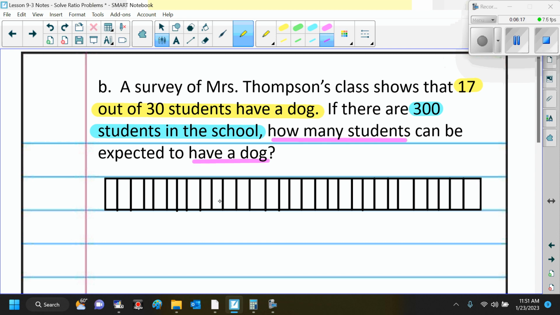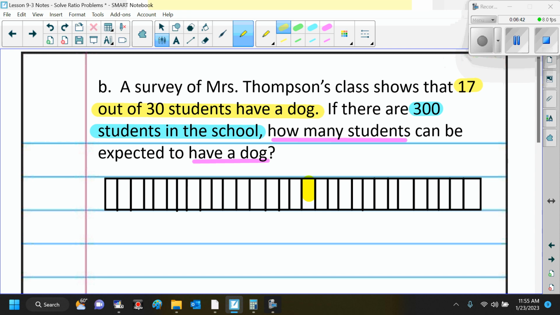So, we have to have 30 boxes, right? How many of those boxes are we going to shade? 17. Very good. So we're going to shade in 17 of these boxes. So 1, 2, 3, 4, 5, 6, 7, 8, 9, 10, 11, 12, 13, 14, 15, 16, 17.